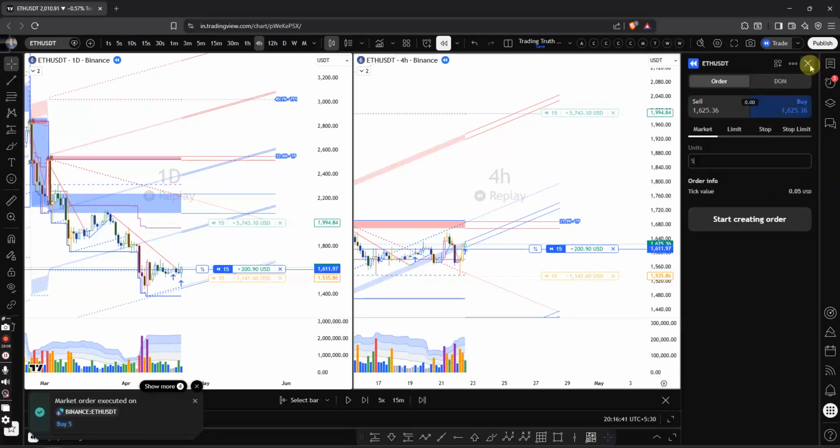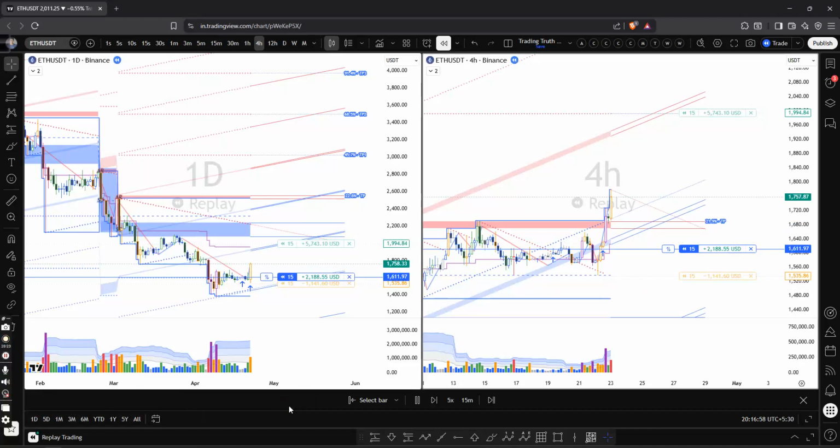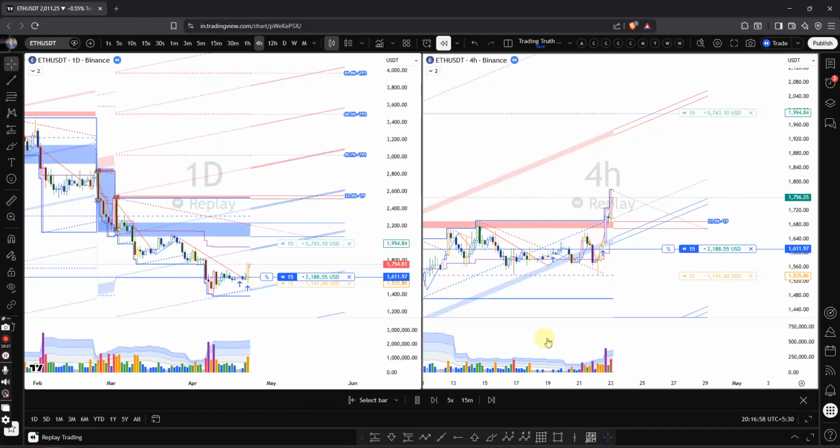Okay. Yeah. Let's see. There we go. See, big candle upside.